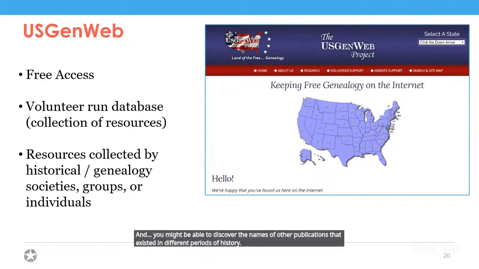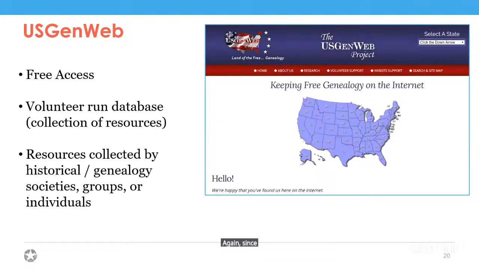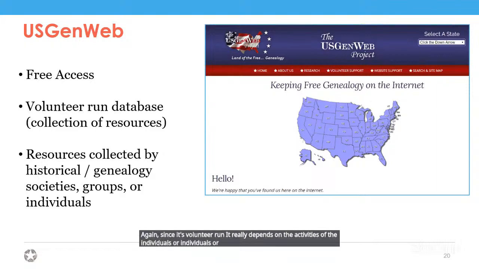Again, since it's volunteer run, it really depends on the activities of individuals or groups in a particular county, in a particular state, of what kind of materials they have.